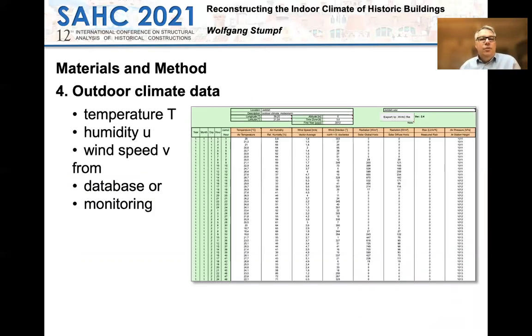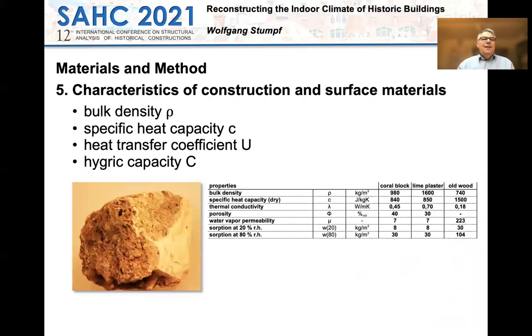Then we have to organize and get the outdoor climate data with temperature, humidity, and wind speed. This comes from a database or also from monitoring on site. We need the building physical characteristics of the construction and surface materials in the room.